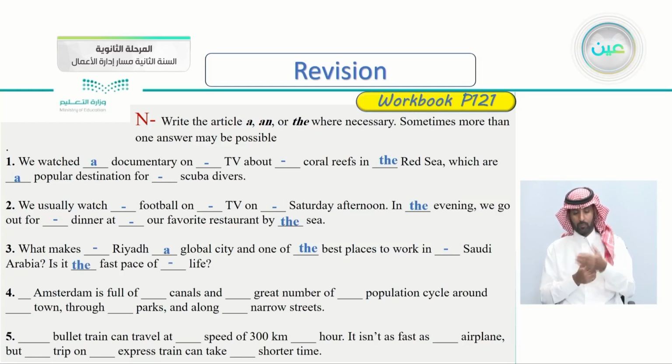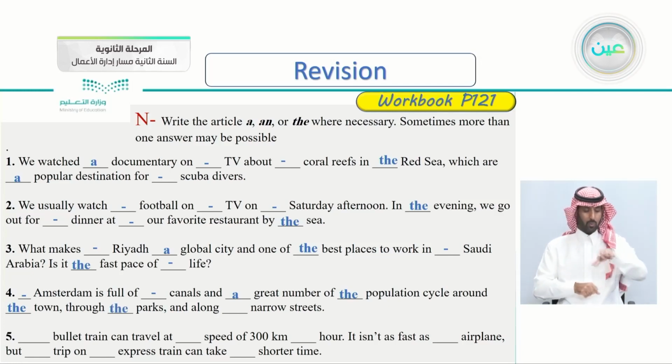Number 4, Amsterdam is full of canals. So, yes, we put nothing here because Amsterdam is a city. Amsterdam is full of canals and, yes, a great number of the population cycle around, yes, the town through, excellent, through the parks and along the narrow streets.